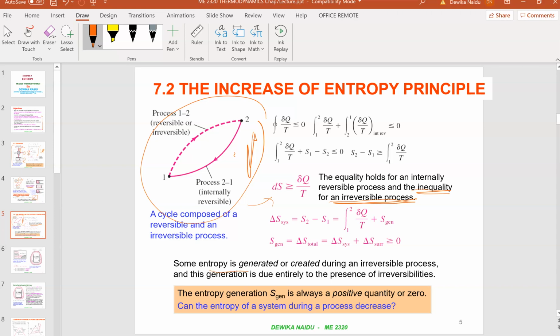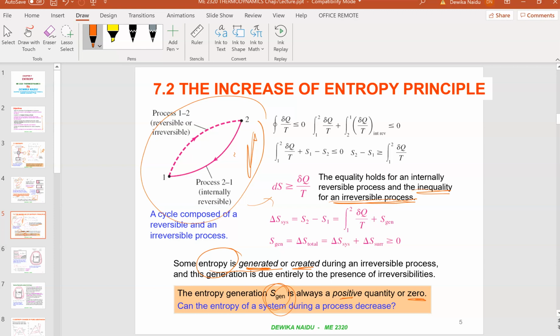Yeah, so I repeat, entropy is generated or created during the irreversible process. Now remember, energy cannot be created nor destroyed, but entropy can. And the entropy generated, which is S gen, will always be a positive or a zero value. Yeah, it cannot be negative.